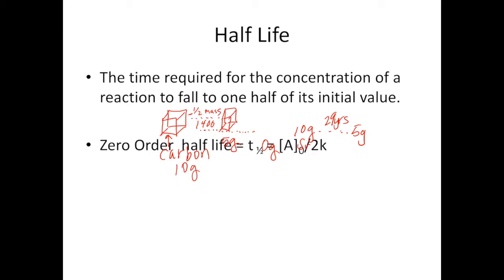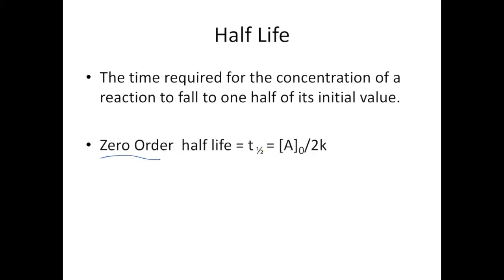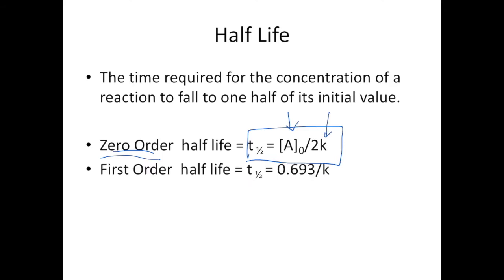I probably wrote all over. If you have a zero order reaction, here is the equation for half-life: initial concentration over the rate constant. If you have a first order reaction, you have this constant, 0.693, which is the ln of 2, divided by your rate constant.